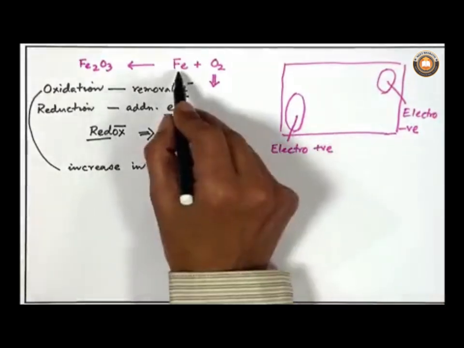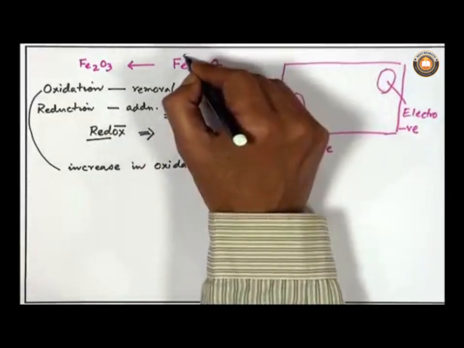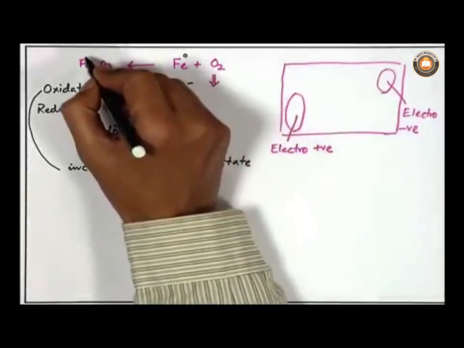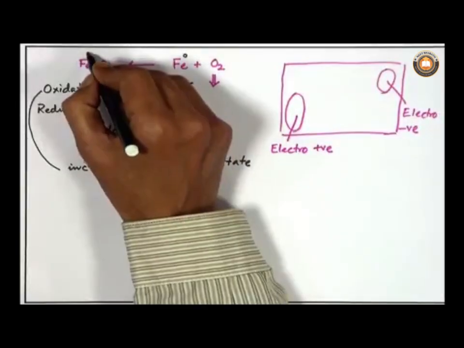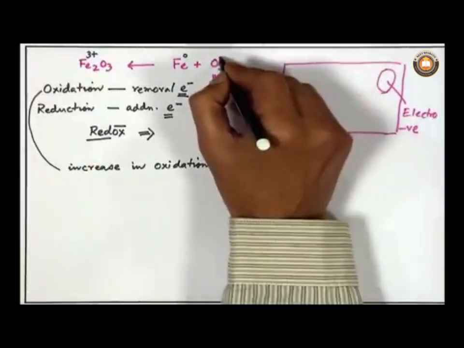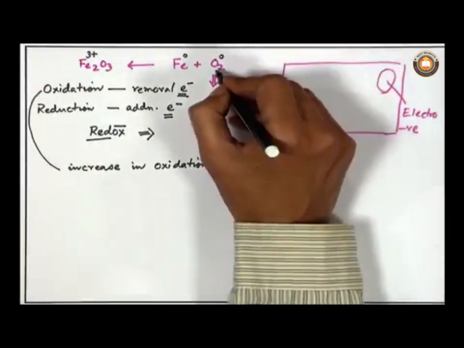Here we see that the oxidation state of iron in the elemental state, metallic iron, is 0. But in the Fe2O3 formation, the oxidation state of iron is +3, and this oxygen is 0.